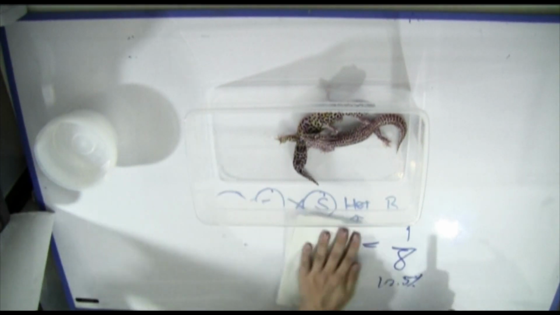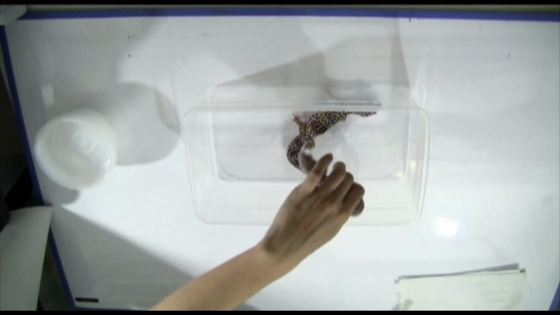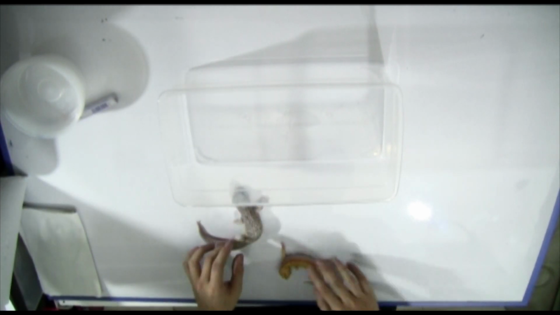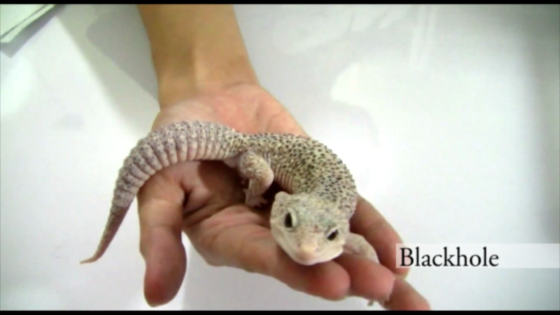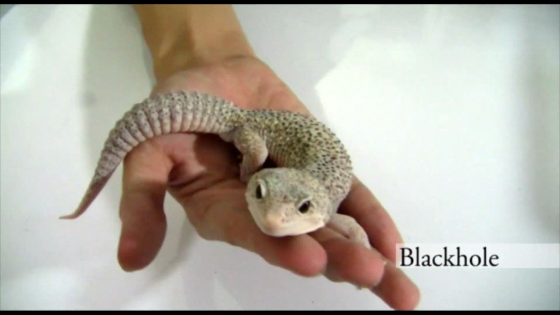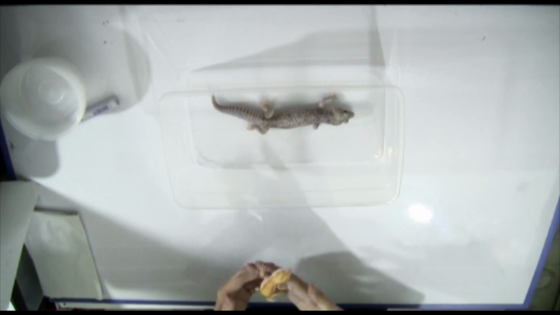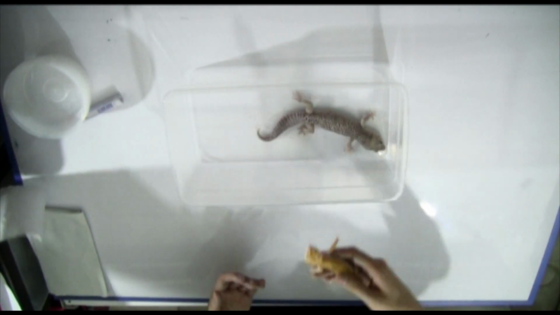Alright, and one more example, and I hope you guys will understand what I'm trying to tell you now. This will be a slightly complex pairing to discuss calculations. This here is a black hole, or a max snow eclipse enigma, het for tramper or het raptor. So a black hole het raptor, and this here will be a tramper enigma, one of my tangerine tramper enigma, het for raptor as well.